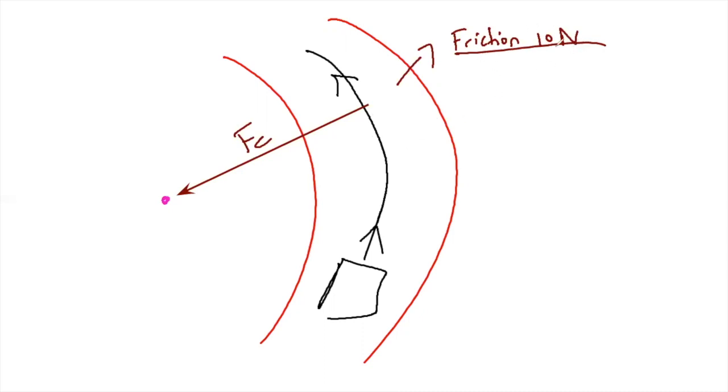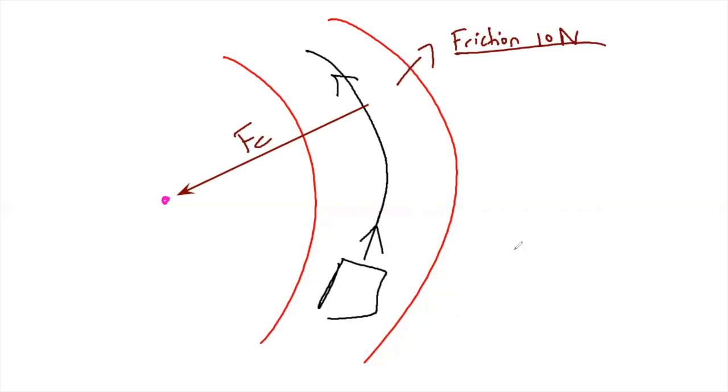This friction provides the centripetal force for my car to turn. This is the maximum friction the road can provide with the car turning normally, with no extra skidding and stuff.